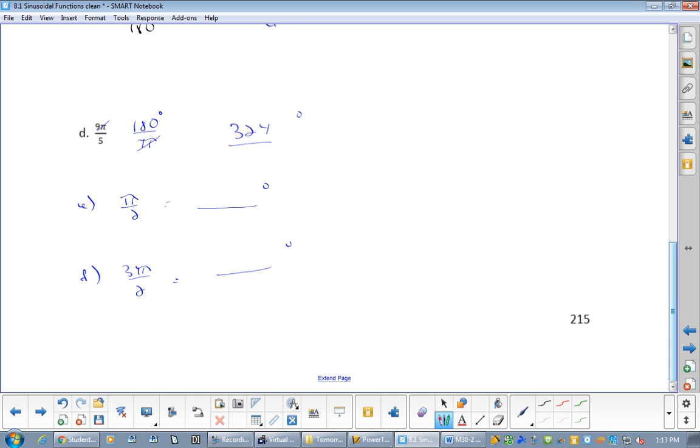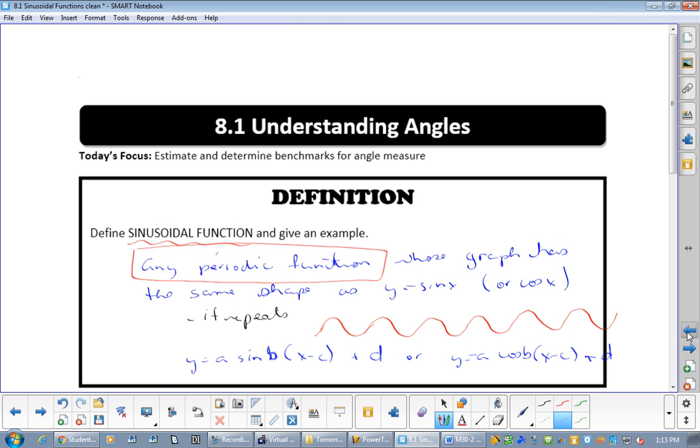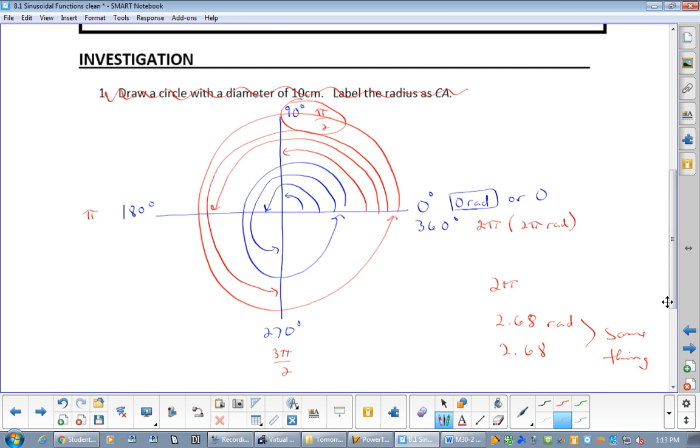Okay, pi over 2, what should I multiply by? 180 divided by 2? Does that make sense? The pi over 2 is 90 degrees, as it was when we were over here on the unit circle. So do you have to memorize this?